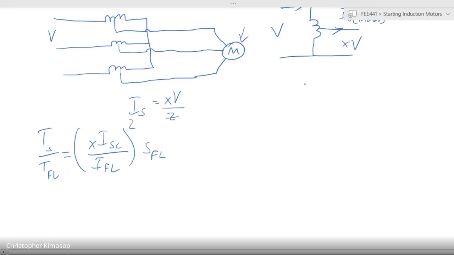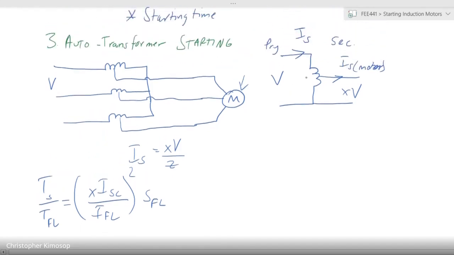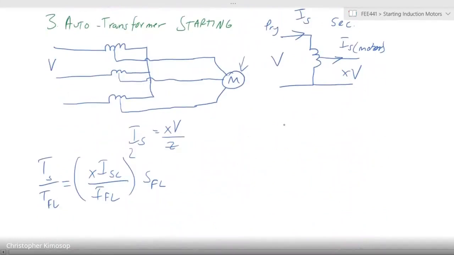Now, the IS of the motor, did I call it ISC up here? I didn't call it ISC, I called it IS. Now, the IS in the primary, which is the line current, is equivalent to X times IS of the motor, right? Okay.